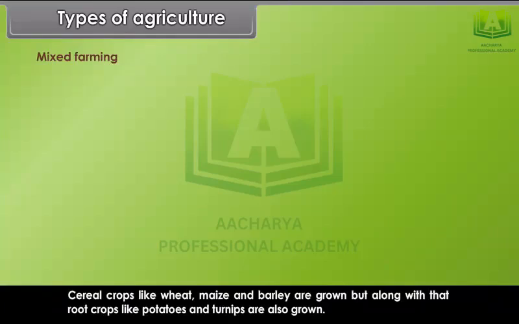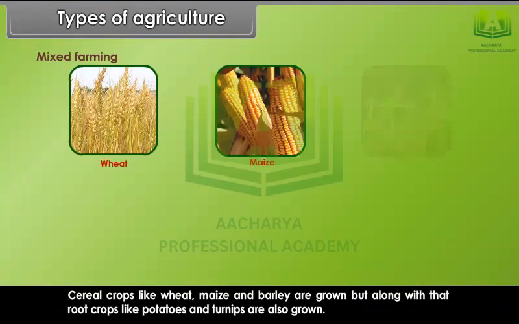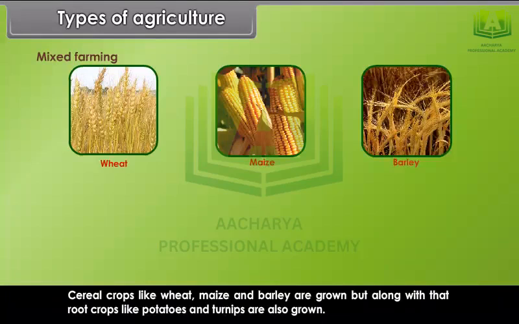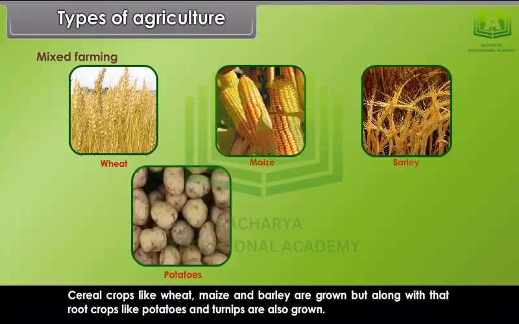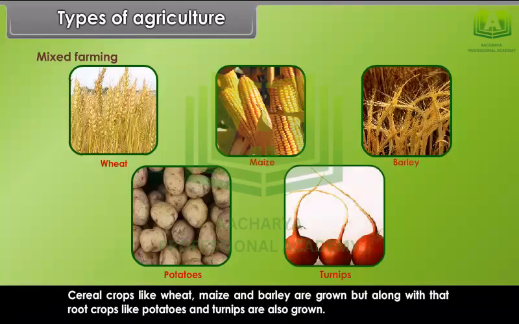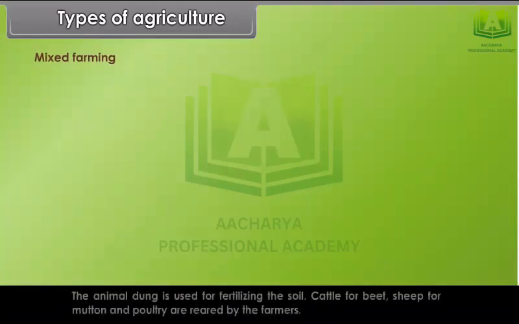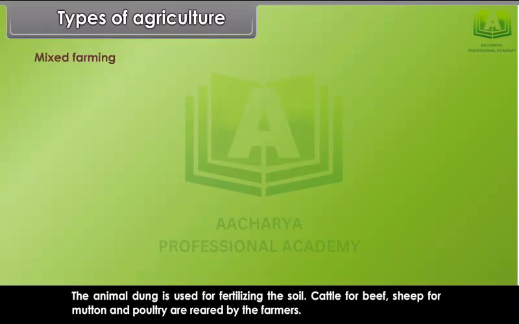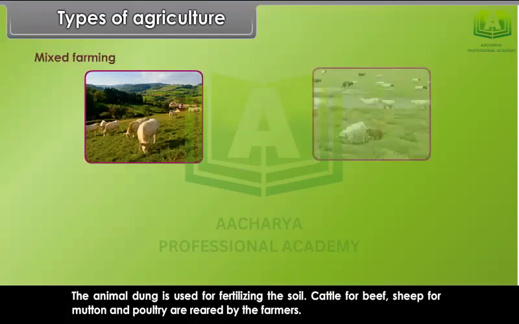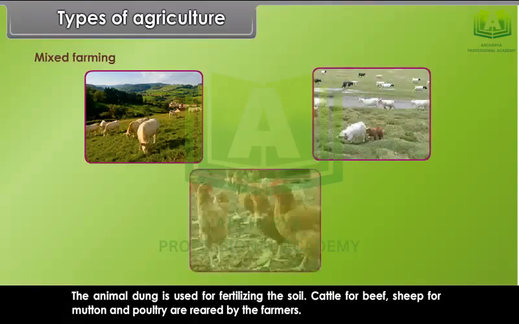Cereal crops like wheat, maize and barley are grown, but along with that, root crops like potatoes and turnips are also grown. The animal dung is used for fertilizing the soil, cattle for beef, sheep for mutton, and poultry are reared by the farmers.